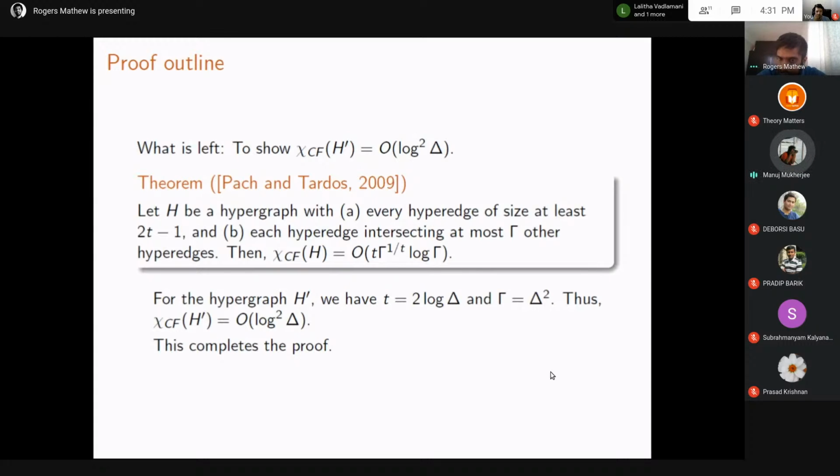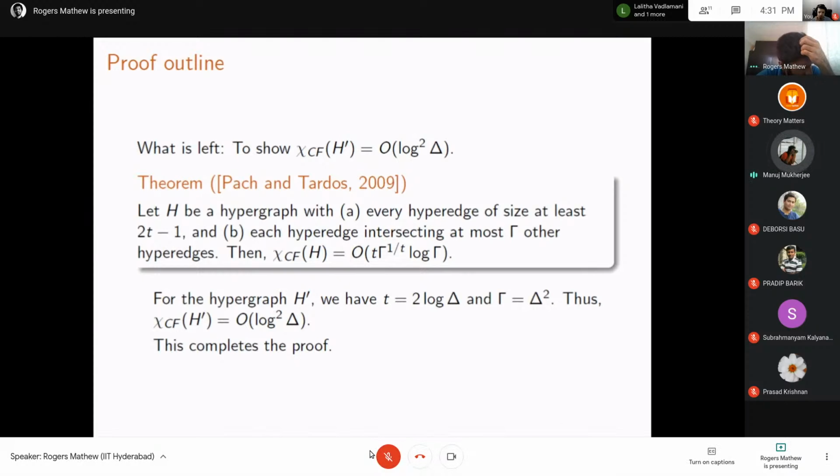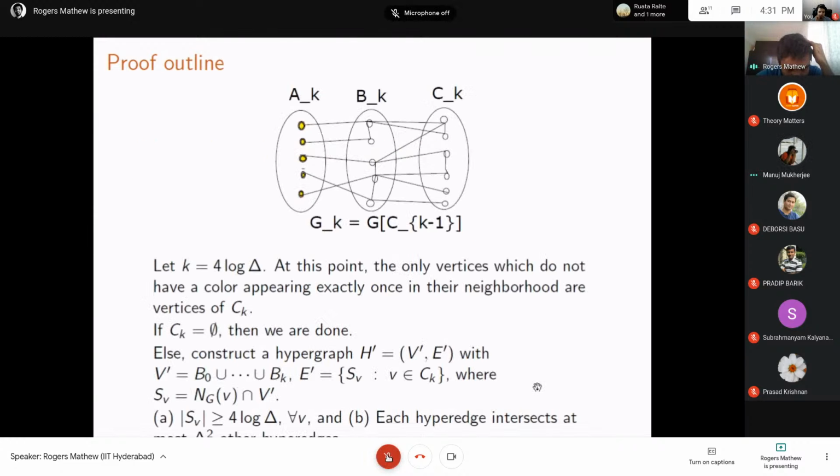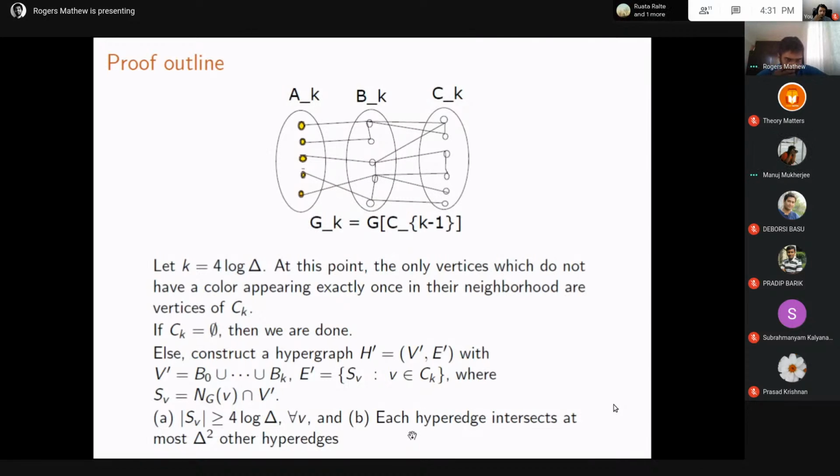Hi, this is Manoj here. So the only place where you're possibly using the fact that delta is the max degree is that part, right? Where you said you can go and verify, that the hypergraph H prime has delta square intersections. Yeah, this part I need. Correct.